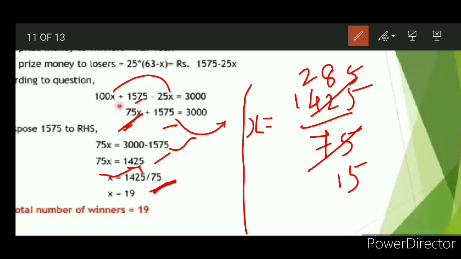Again these two numbers are divisible by 5. 28, 5 5s are 25, 3 is remaining, 35 will be 7 times. Here again 5, how many times? 3 times. Then 19. The x value is 19.